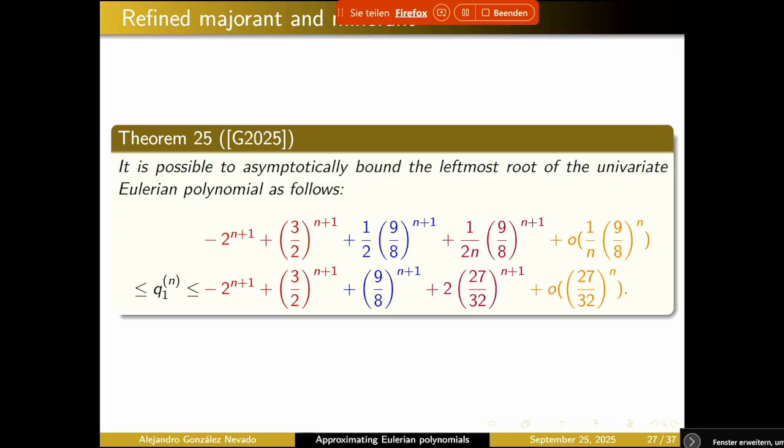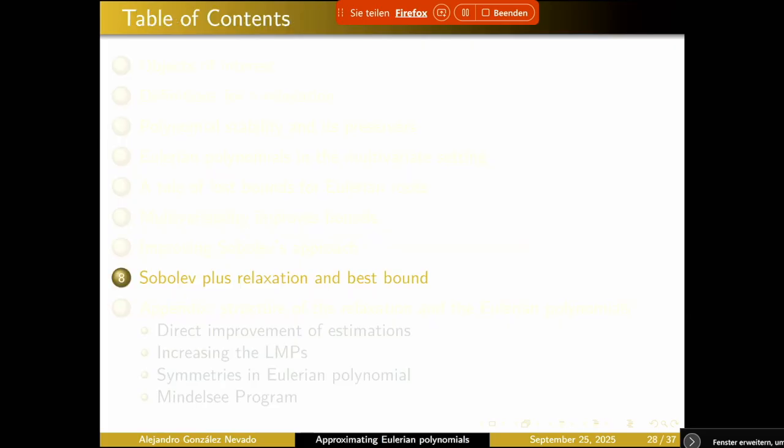And he obtains already this. So I say, okay, if we have this for the univariate polynomials, let's try to apply the relaxation to what Sobolev does. Let's use the relaxation as an amplifier, because we see that when we give more information to the relaxation, it gives us more information about the roots. So now we build a new sequence of polynomials.